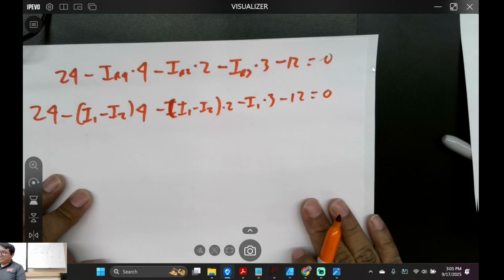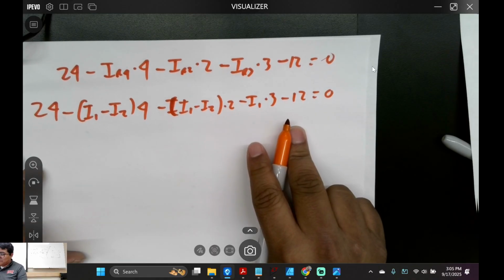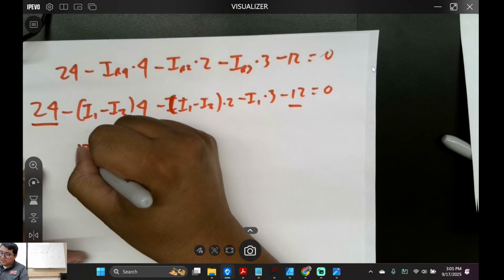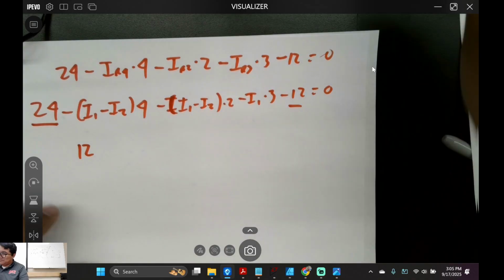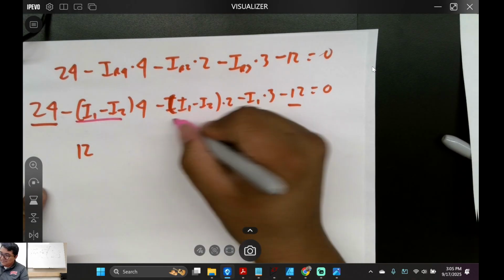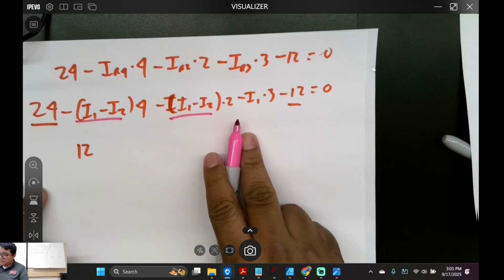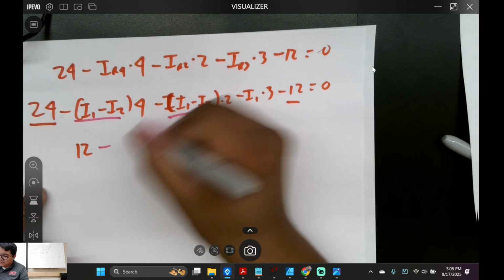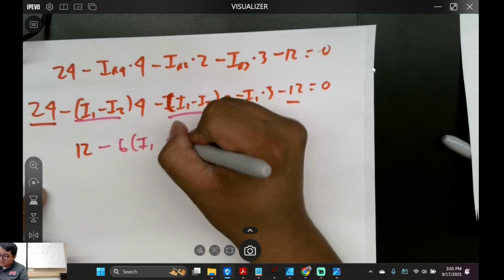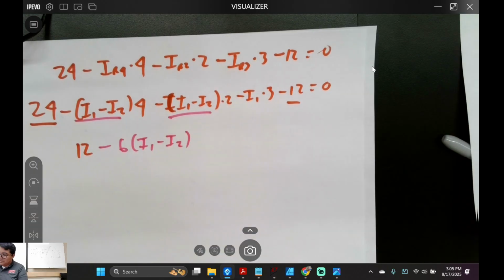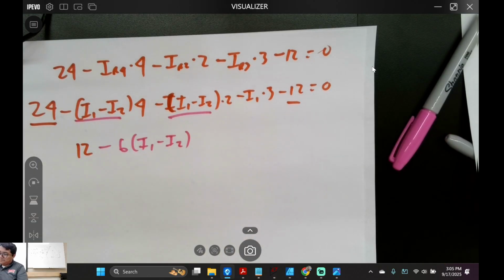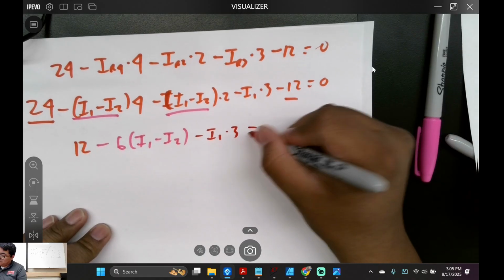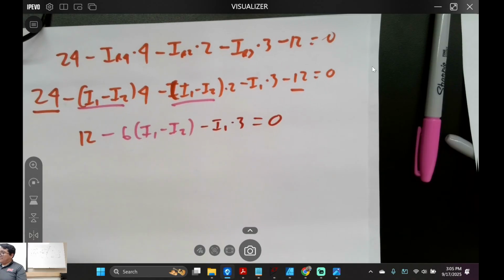Like that? Let's simplify it. So if I do the following, if I take this and this is going to equal 12, and like terms, these are 2 like terms right here, minus, let's see, 6 times I1 minus I2, and let's grab my other marker, minus I1 times 3. We're getting there, right?